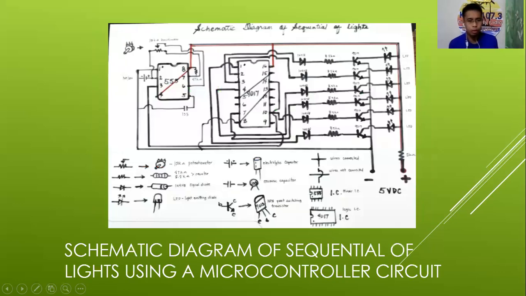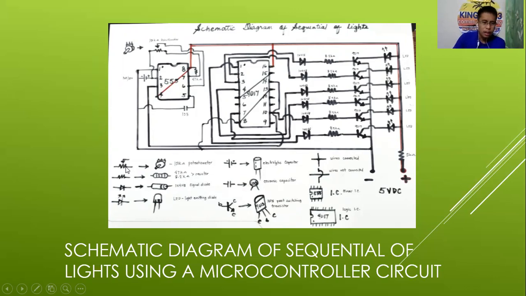So here we go to the schematic diagram of sequential of light. So I just draw this schematic so that we'll be able to easily identify the connection. And I put the symbols, then draw the actual component and what is that kind of component, or what do we call that component.